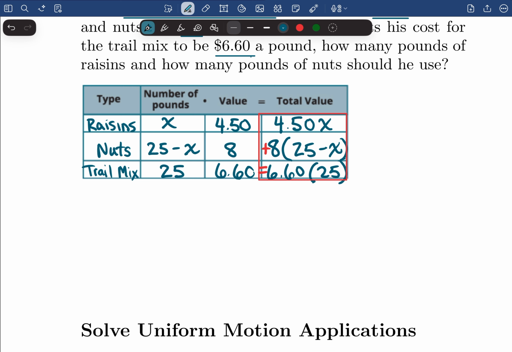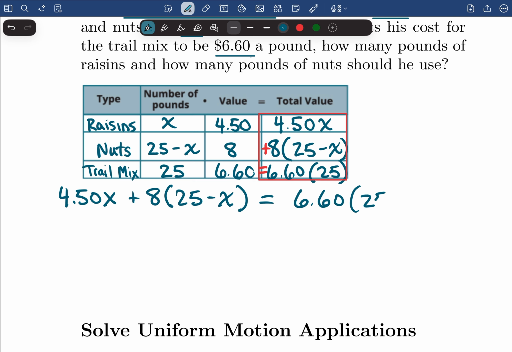I've got 4.50 times x, right? 4.50 times x, plus 8 times 25 minus x equals 6.60 times 25. We're going to distribute, and we're going to get the variable by itself in this linear equation.